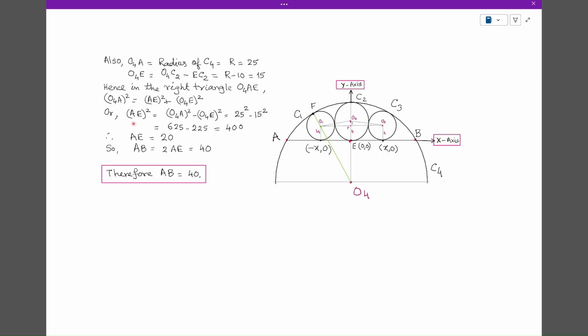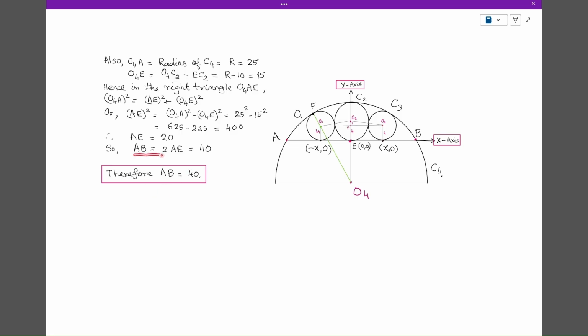That is, the square of any side is the hypotenuse squared minus the square of the other side, which is 25 squared minus 15 squared. And that is equal to 625 minus 225, which is 400. So AE is equal to 20. That is, from here to here, it is 20.